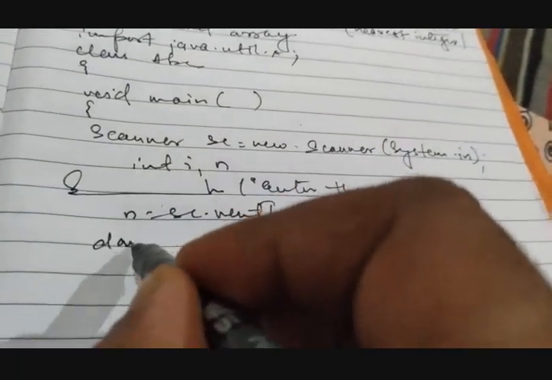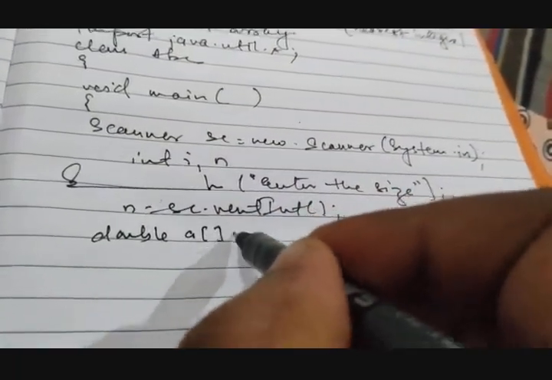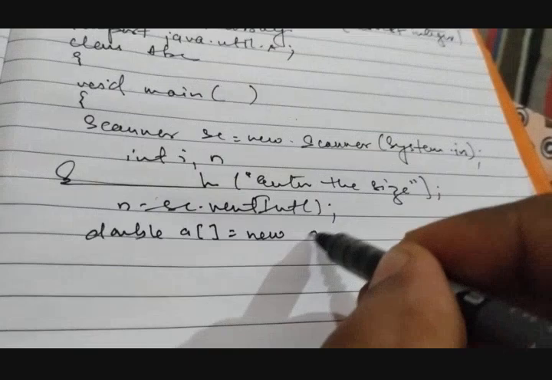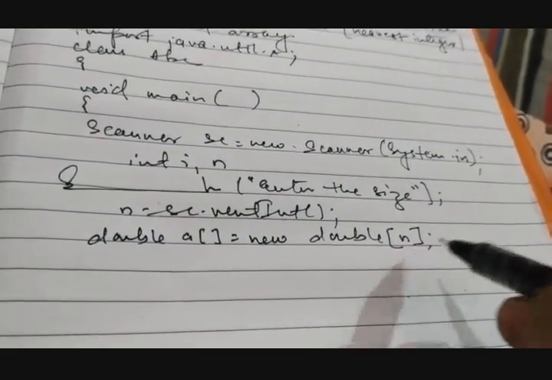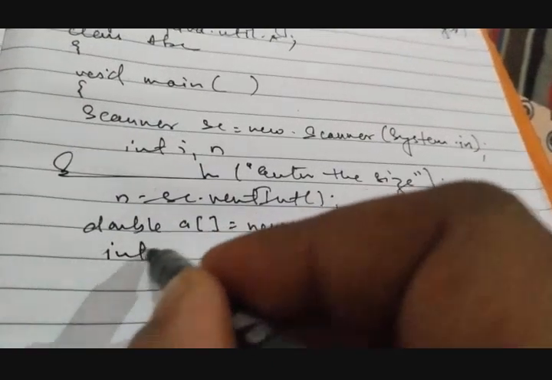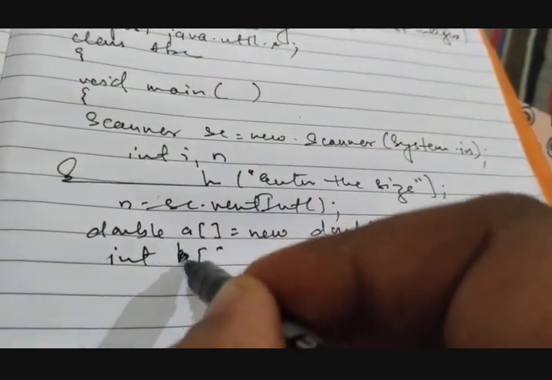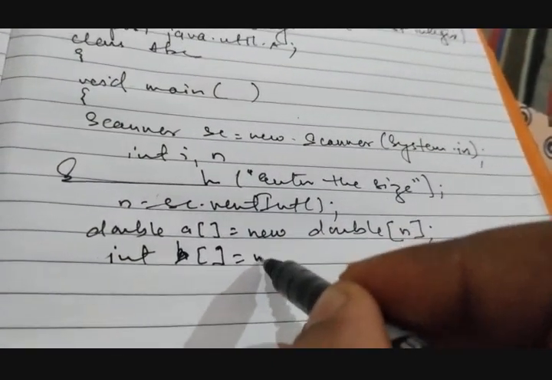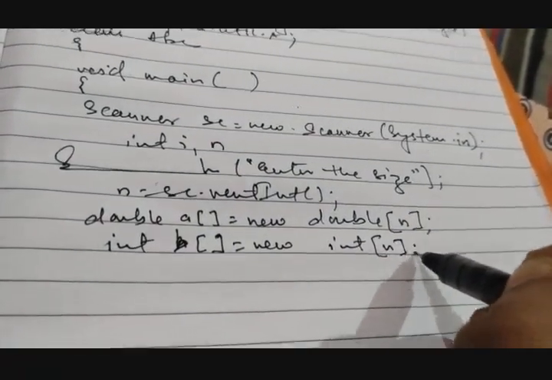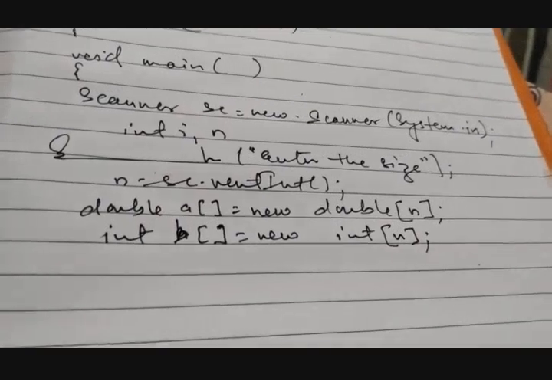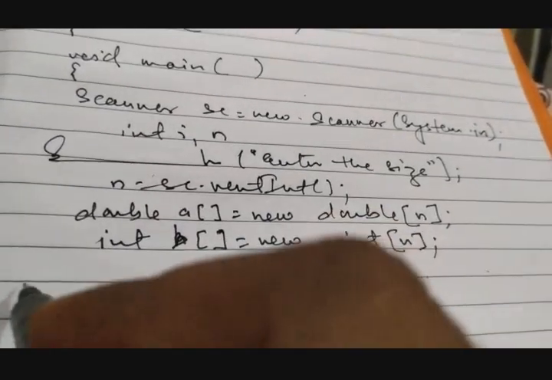Now create an array. It should be a double, so double A array equals new double of n. It is going to hold the decimals, and int B array, because it is going to hold the round off values.